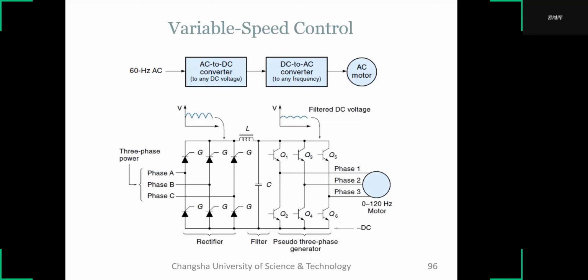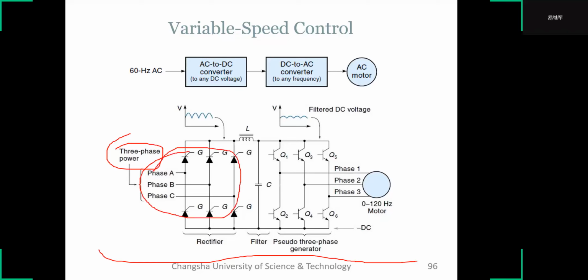This is a diagram for the variable speed control. The 3-phase power is converted to DC with the rectifier circuit. Here is DC.